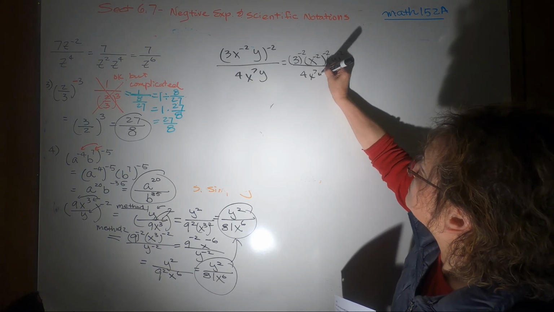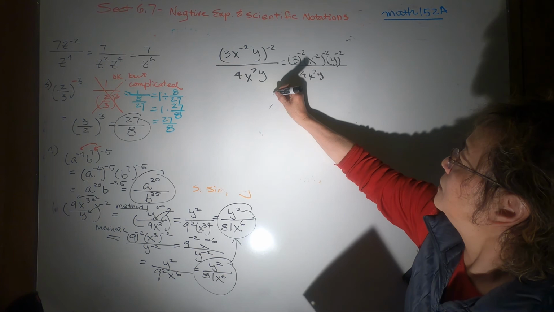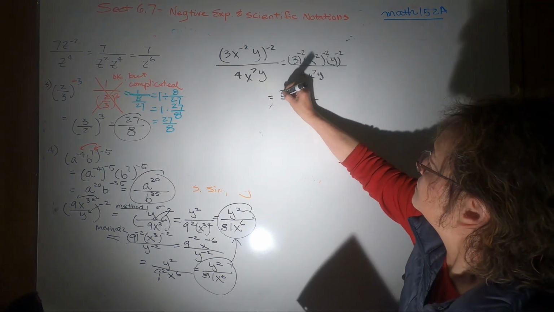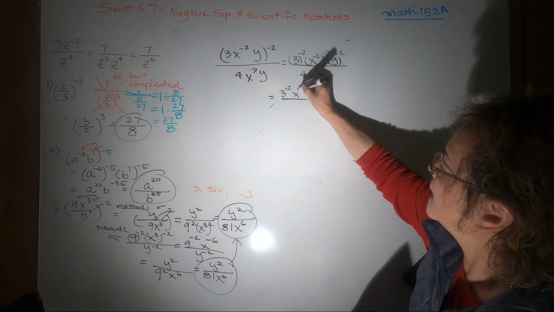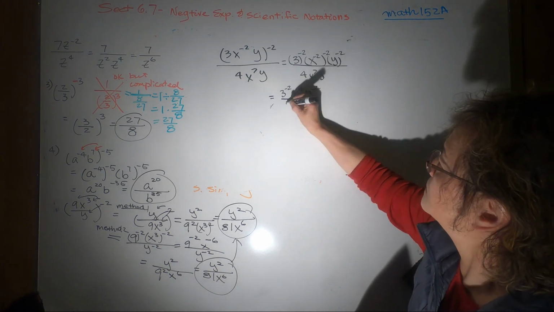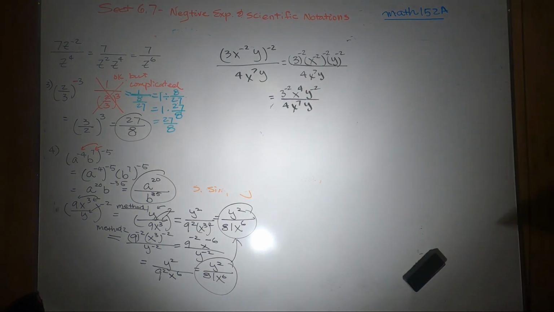Okay, then what do we have? 3 to the -2, x to the -2 and then the 4, y to the -2, over 4, x^7, and y. Then each individual variable with its own power.